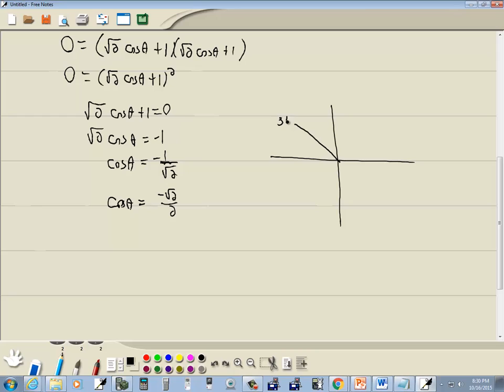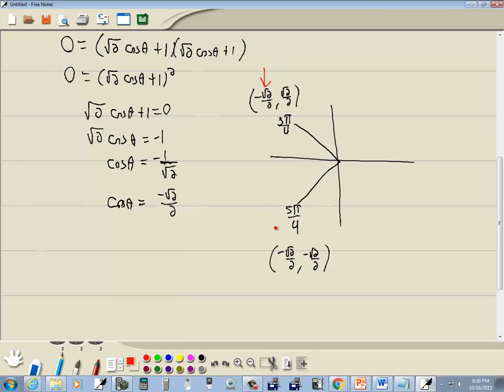Now here we have 3 pi over 4, and here we have 5 pi over 4. This point is negative square root of 2 over 2, square root of 2 over 2. And this point is negative square root of 2 over 2 and negative square root of 2 over 2. Now we're looking where cosine is equal to a negative square root of 2 over 2.